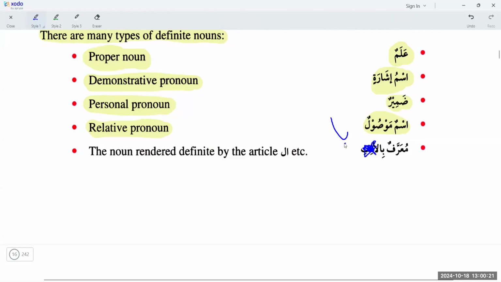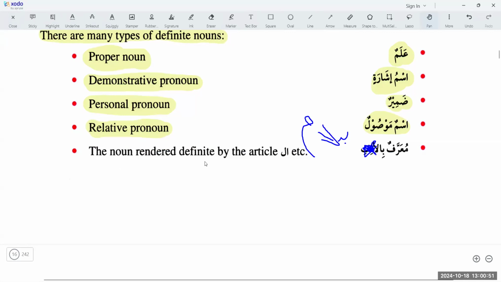Okay. Marifa bil lam. The noun rendered definite by the article alif and lam.